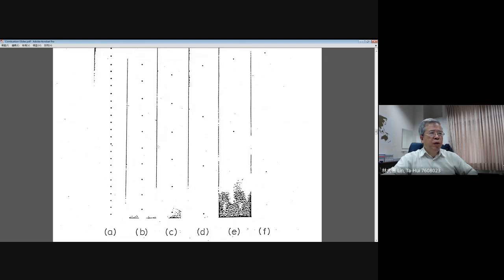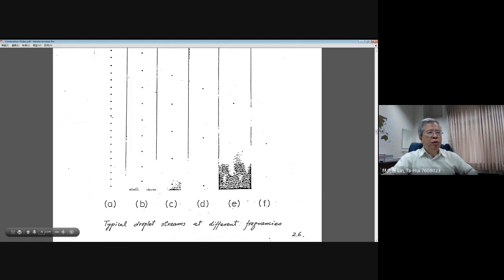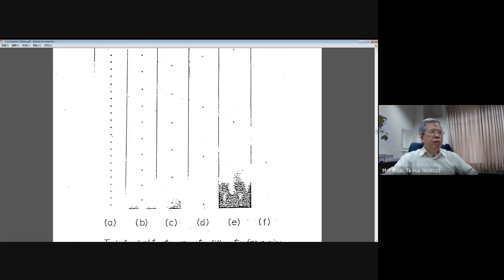Here is a typical image showing single droplets. You can see the break points that represent the droplets coming in from A, B, C, D, E, F. Actually, we try to change the frequency. A has a higher frequency, so you can see the droplet separation distance is smaller, but when you decrease your frequency, the separation distance changes.